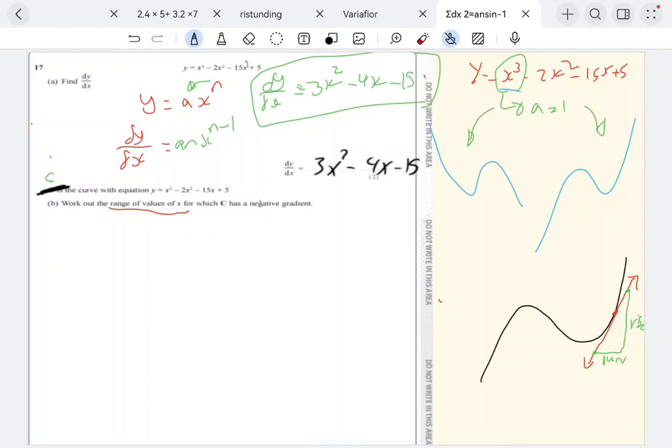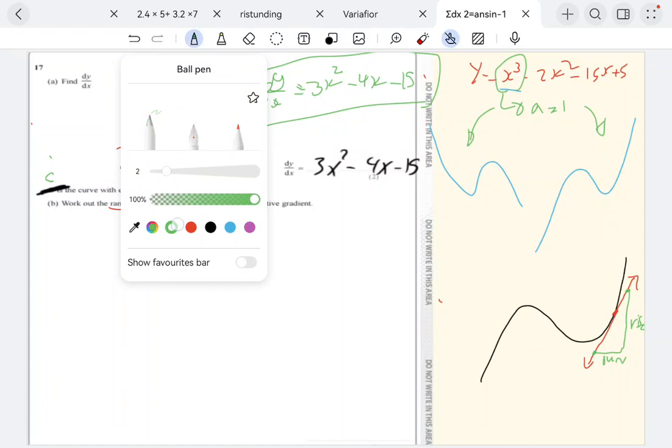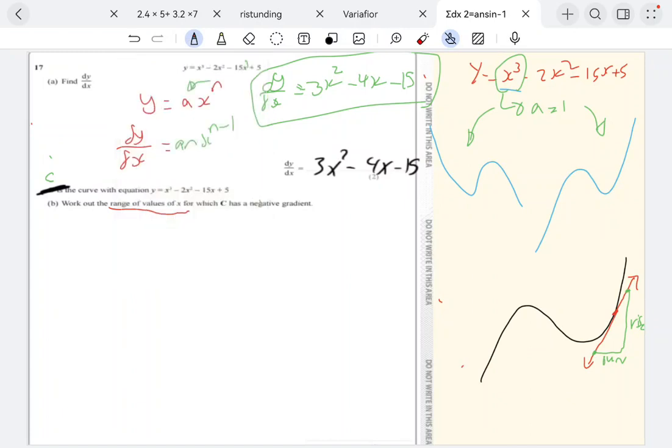How do I get it accurate? We use the derivative. If I get dy over dx, I'll get the accurate equation of the gradient at any point on this curve. So if I want the accurate gradient at any point on this curve, maybe here, I can use this equation, which we just got now, dy over dx.